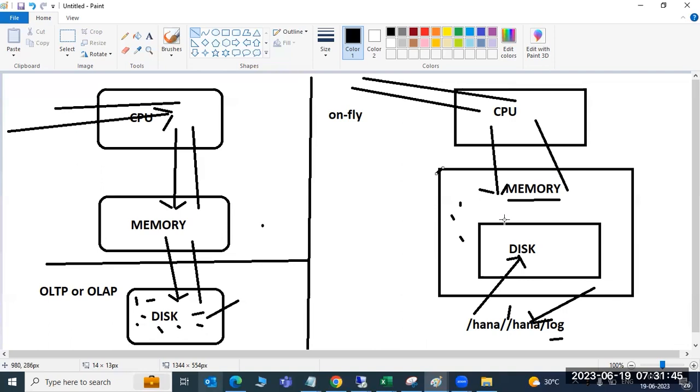These are the two main differences in the HANA database: in-memory and column-oriented. Also, for administration purposes, we can easily do administration, troubleshoot the logs and restore the logs, everything. It's very simple actually, which we will discuss.